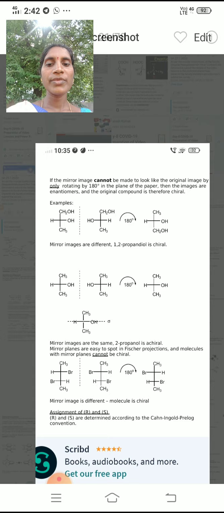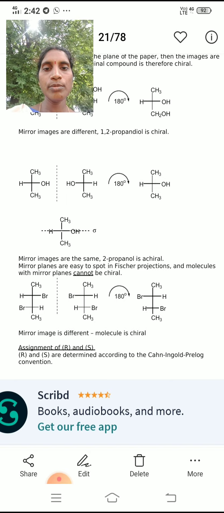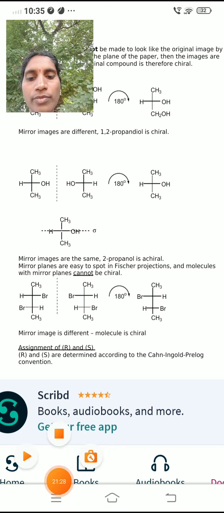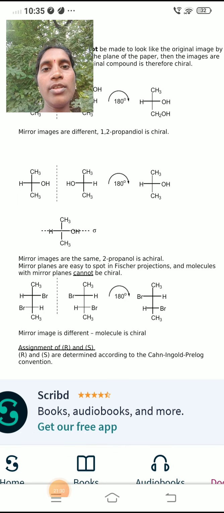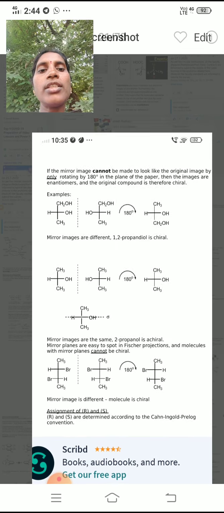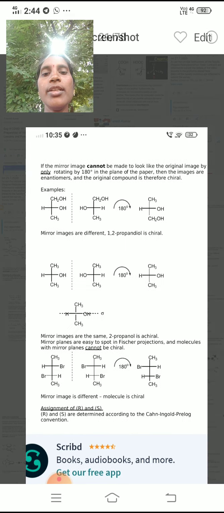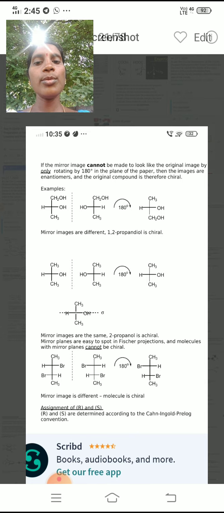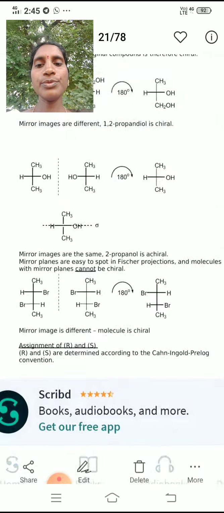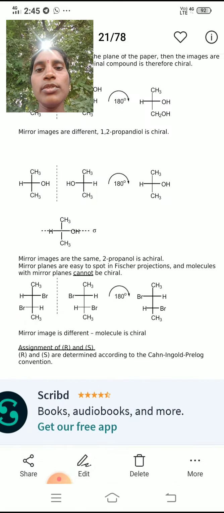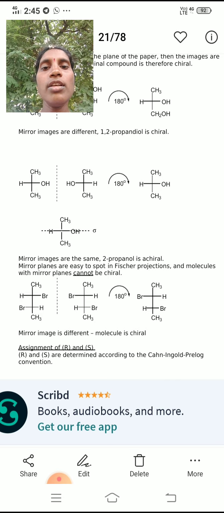For example, lactic acid. The mirror images are different.